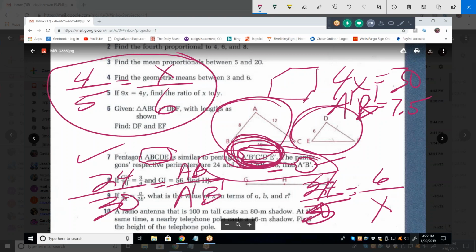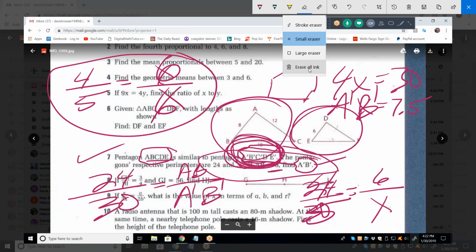Don't go from little to big in one case and big to little in another. So this is actually 6 over x. That's why it comes out to be 7.5.